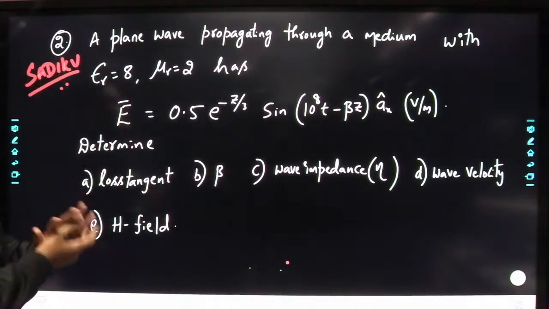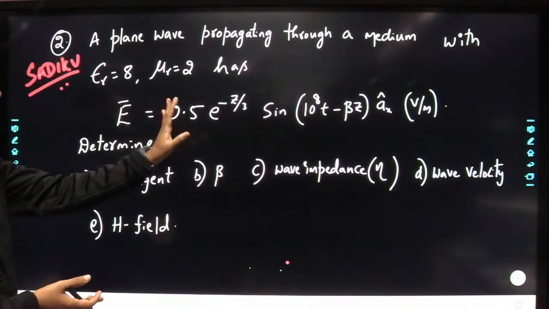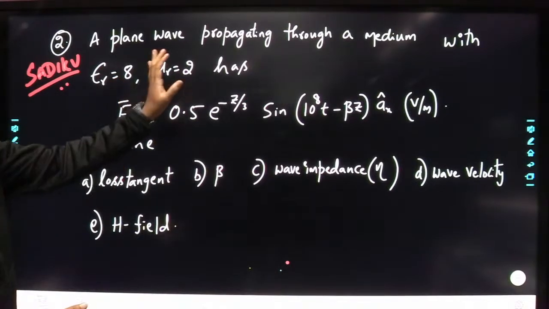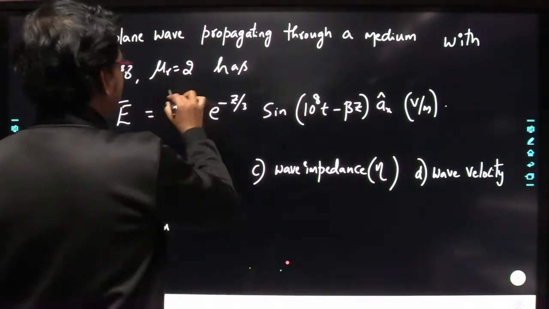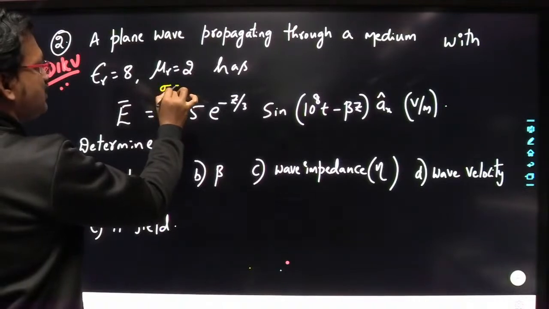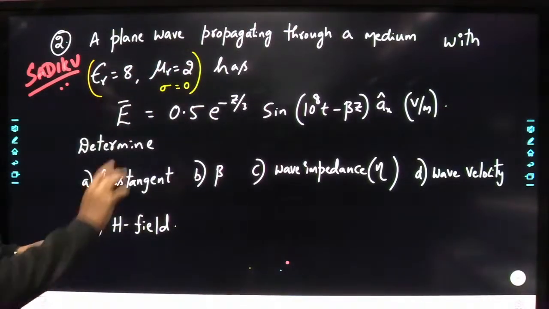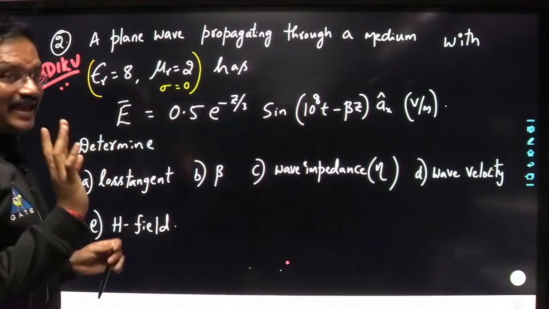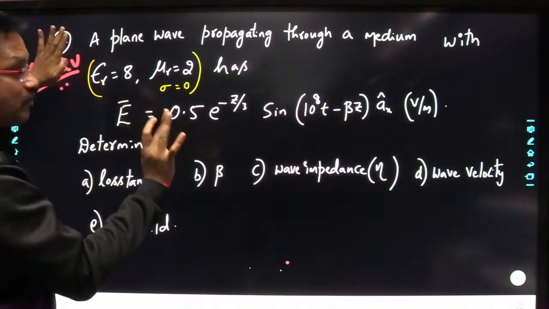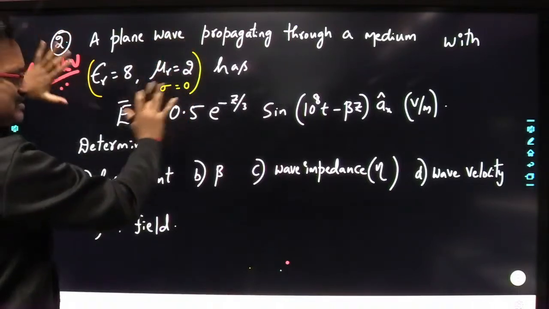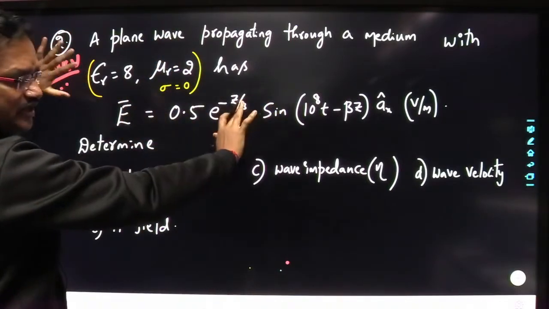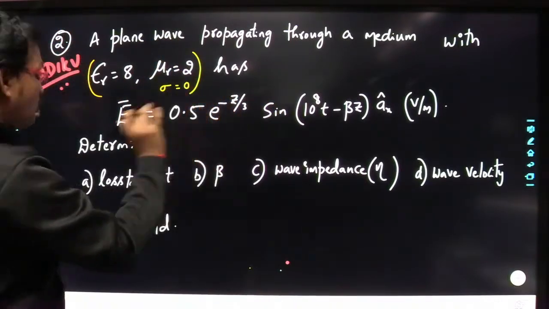They have given the epsilon r value, the mu r value, the same expression for electric field. But in the data they have also included sigma equal to 0. In the GATE problem, each and everything is the same.